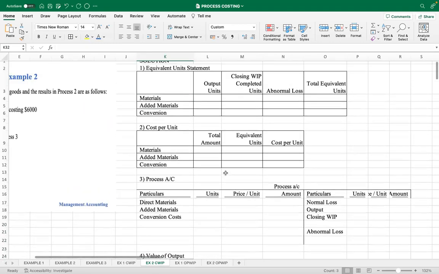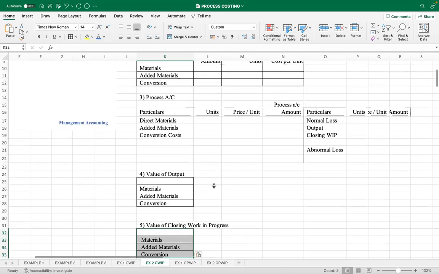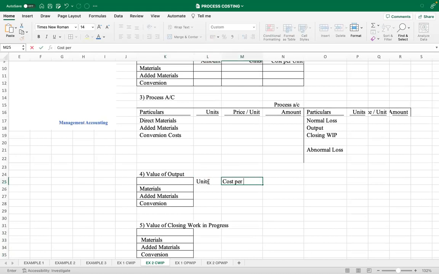Okay, so we have these. We can now be reading the question. Remember, under value of output, we said you show the units, you show the cost per unit, and you show the total amount. Same here.